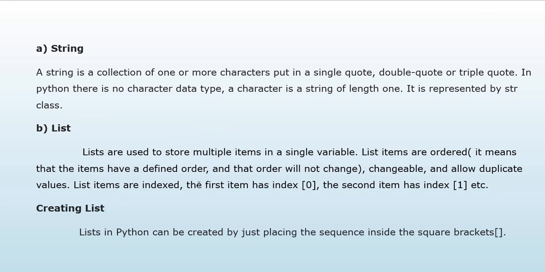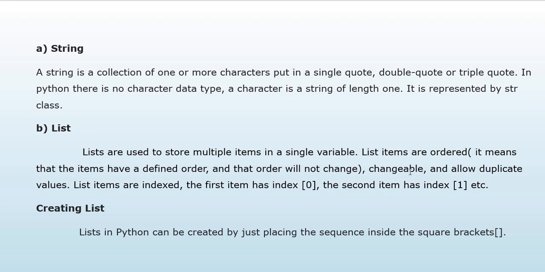Lists are used to store multiple items in a single variable. So here also it is the same: a set of elements, group of elements or sequence of items, all are the same. So what are the features of list? List items are ordered. The first item must always be first, the second item always second. The next feature is changeable.